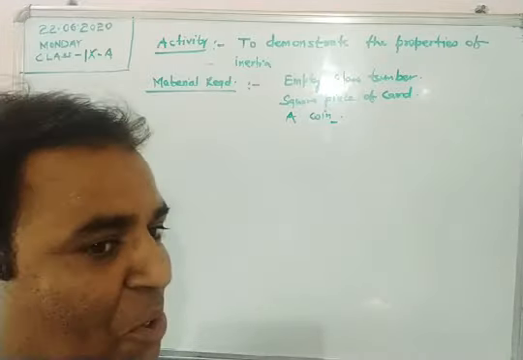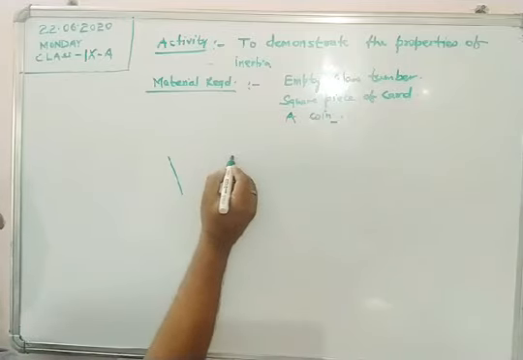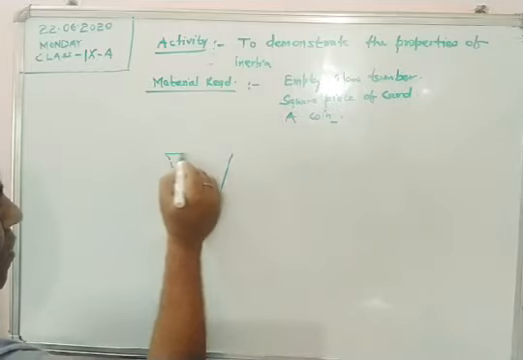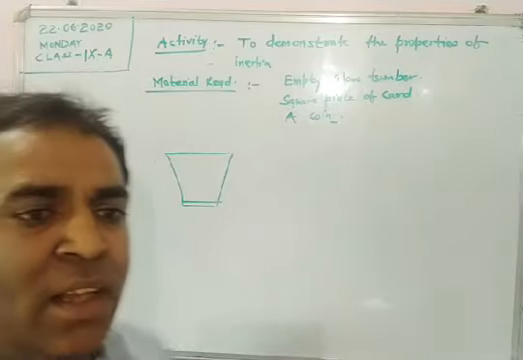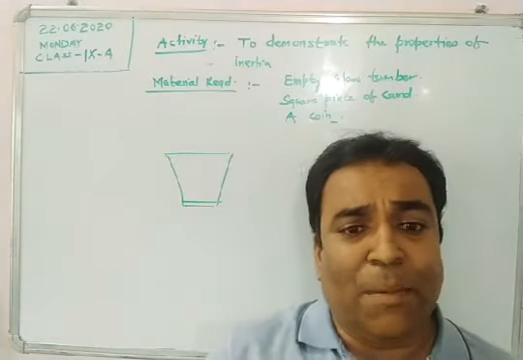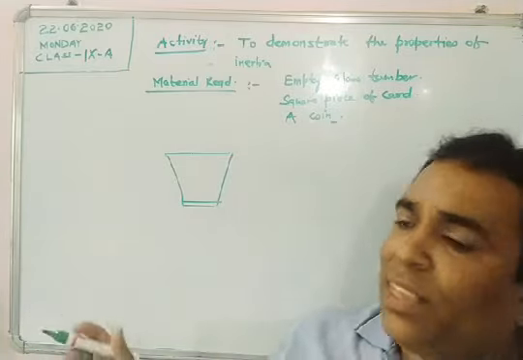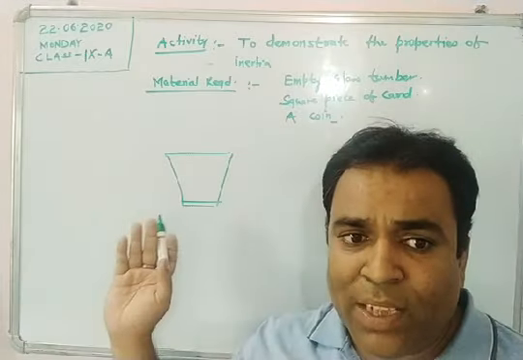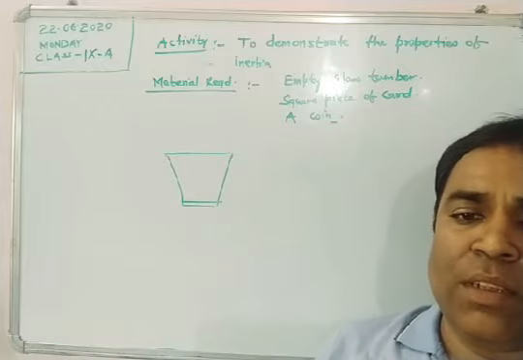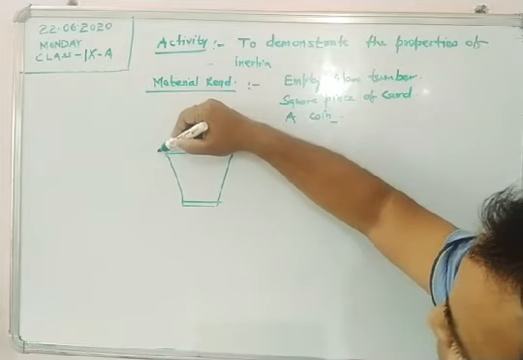So students, what you will do, you will take a glass tumbler. Make sure that this is an empty and dry glass tumbler. We will place a square piece of card over this tumbler, or we could say we cover the mouth of the glass, in this way.